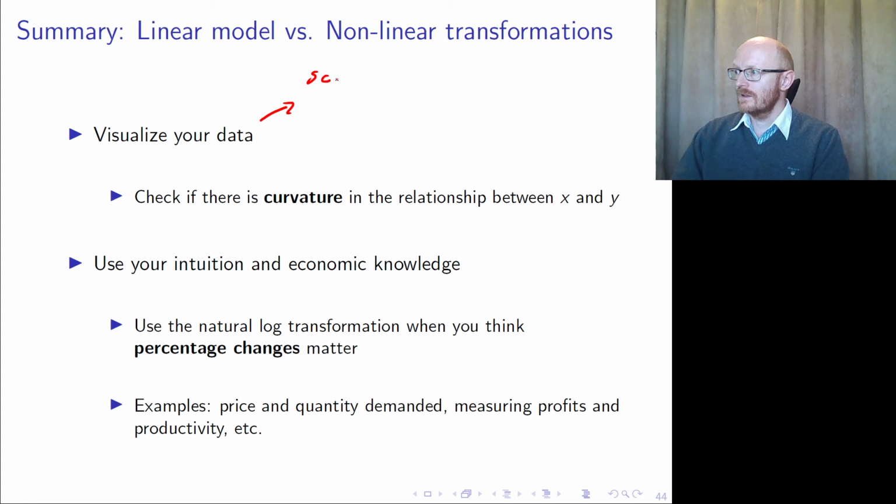A scatter plot is a really good way to find that relationship visually. You check if there's curvature in the relationship between x and y, and if there is, then by Tukey's rule, you know what to do.